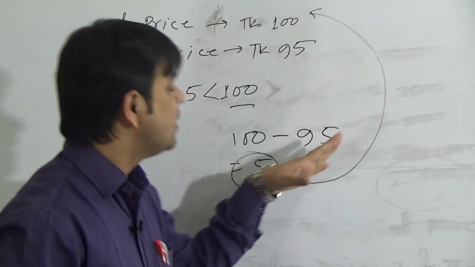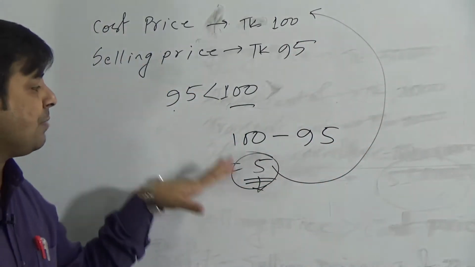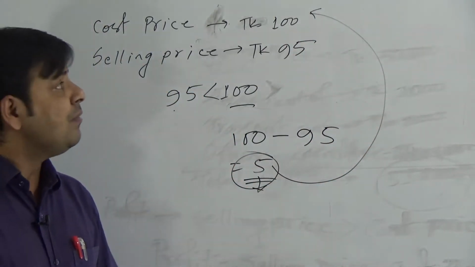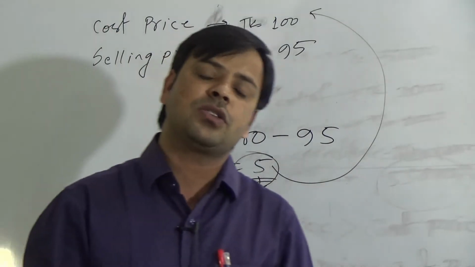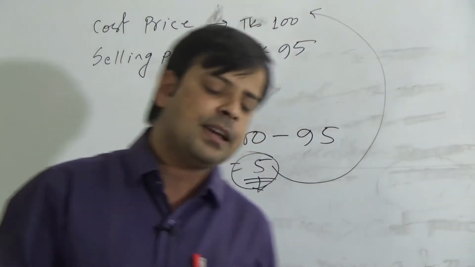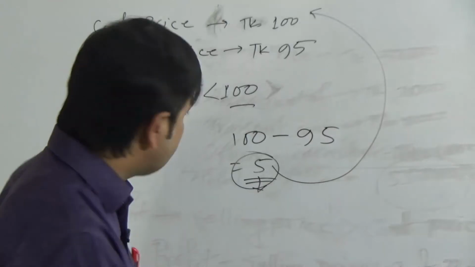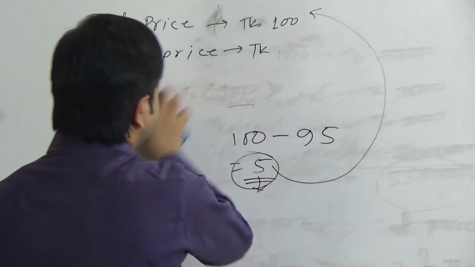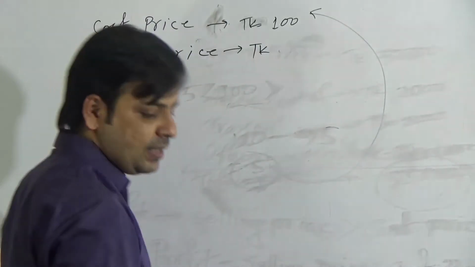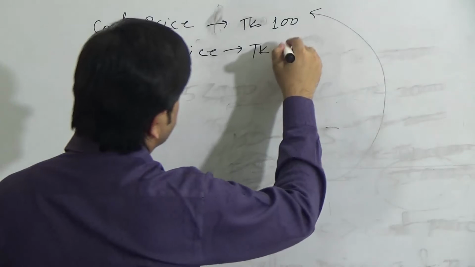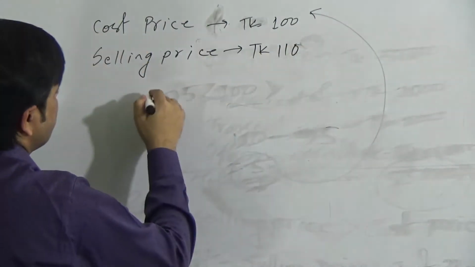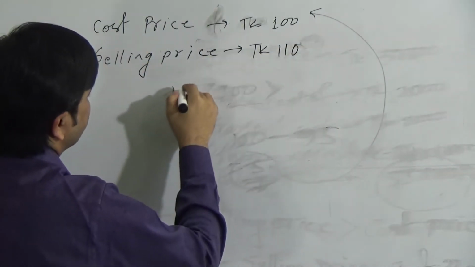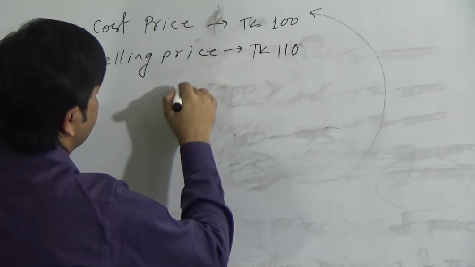We can say loss in percentage means when the cost price is 100, then the amount of loss is known as loss in percentage. Now, if the selling price is 110 taka, then the cost price is smaller than selling price.